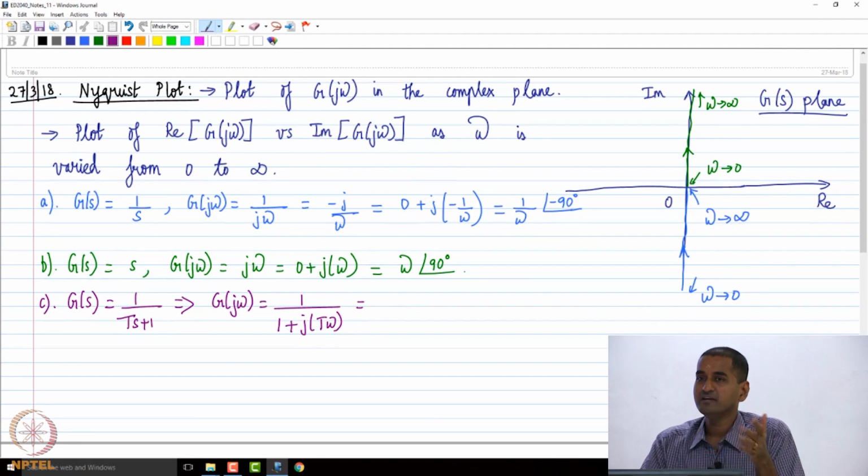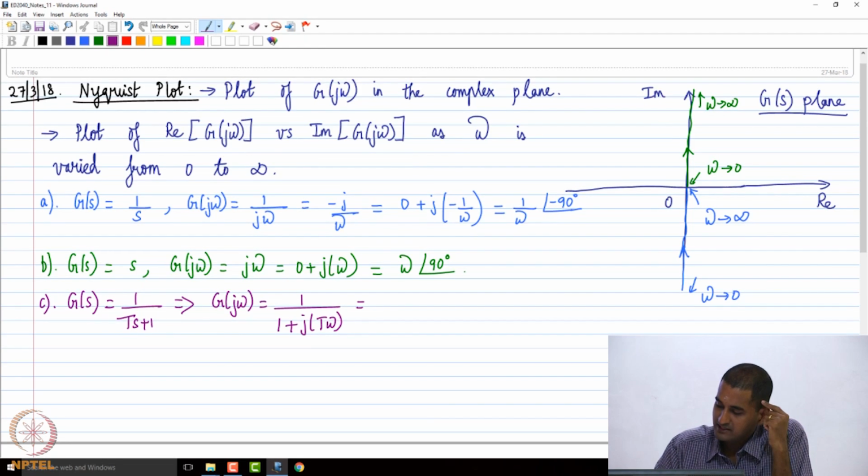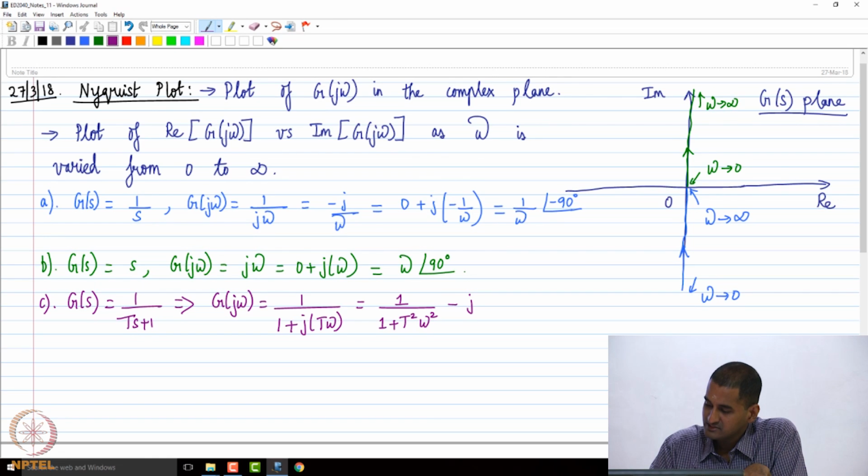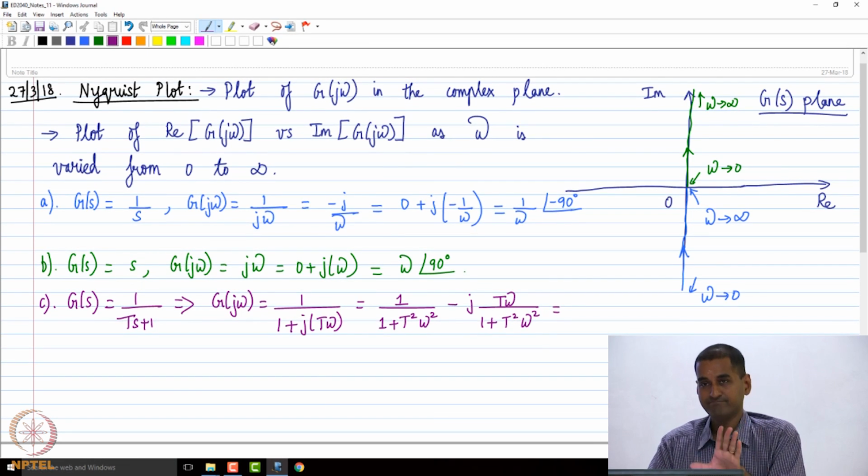If I multiply and divide by the conjugate, which is 1 minus j times T omega, and simplify, what will I get? I am going to get 1 divided by 1 plus T squared omega squared, minus j times T omega divided by 1 plus T squared omega squared. Do you agree? That is going to be the real part and the imaginary part, okay.